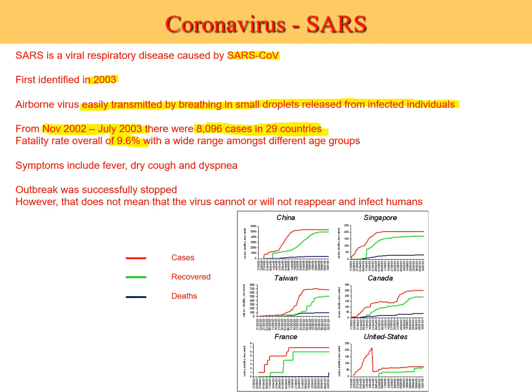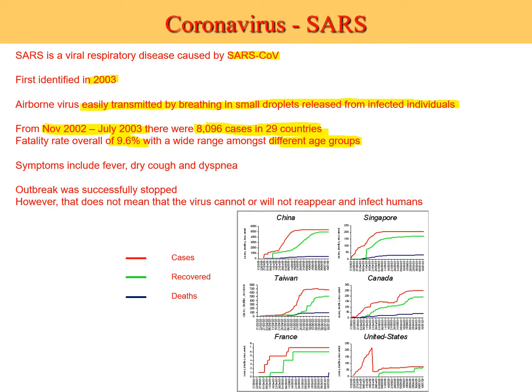Although there's a wide range among different groups, if you're in a more susceptible group, the fatality rate goes much higher. So, it was quite successfully contained. People jumped on it very quickly. It was not initially. In fact, it started appearing in China, and the authorities were covering it up.